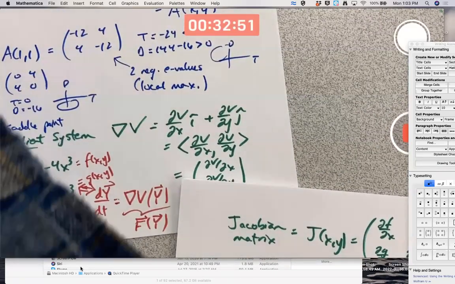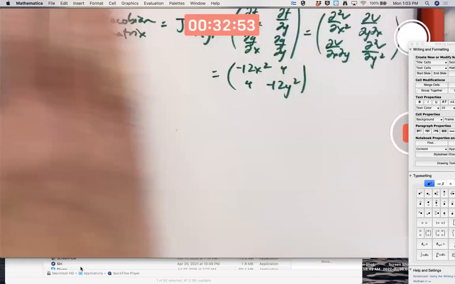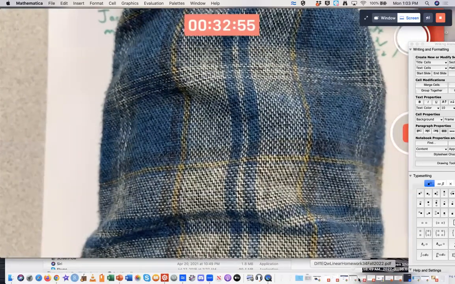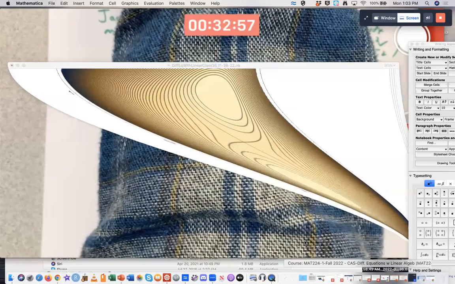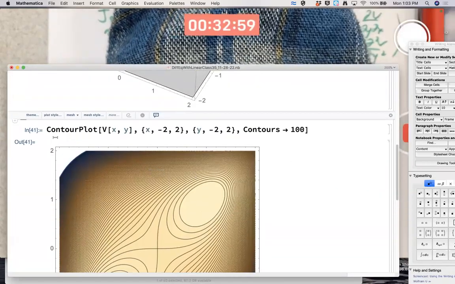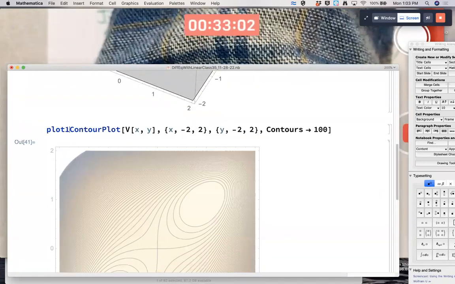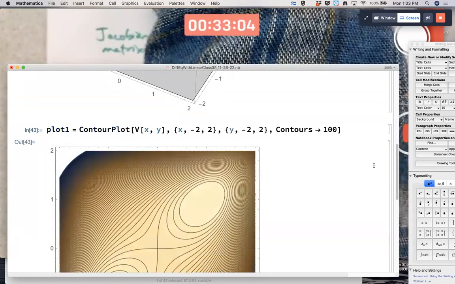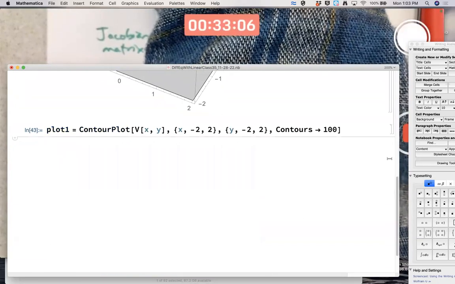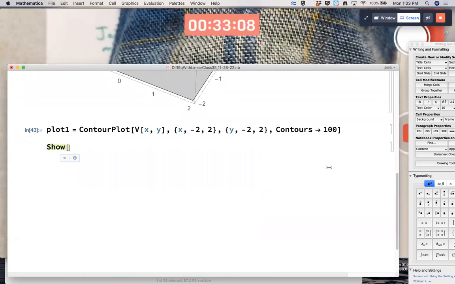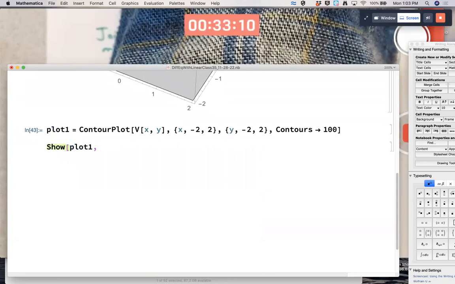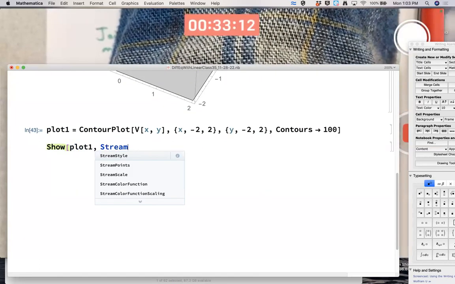Let's use Mathematica. What do the solution curves look like? Let me call this plot 1. Let's use a stream plot and plot it on top of plot 1.